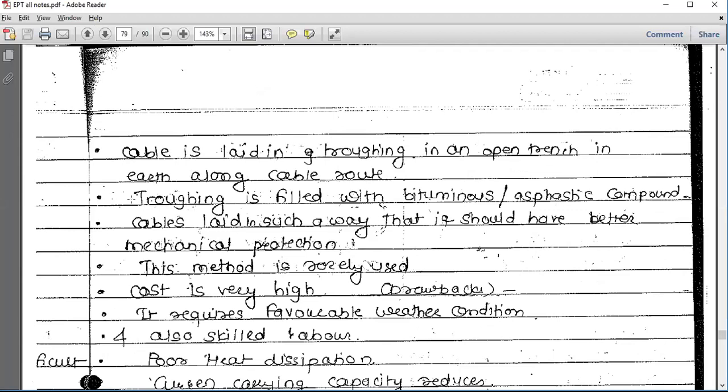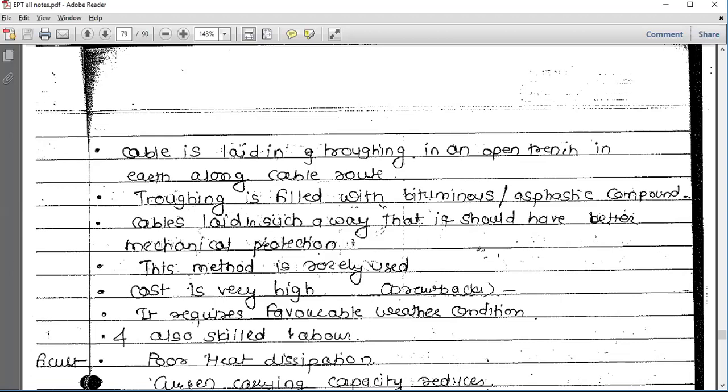The trough is filled with bituminous or asphaltic compound, basically bituminous compound is used. Next, in this the cable is laid in such a way that it should have better mechanical protection.